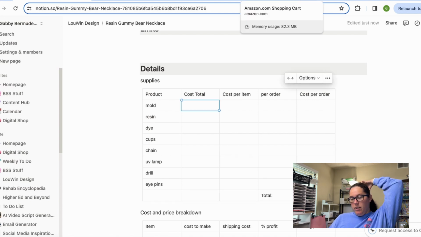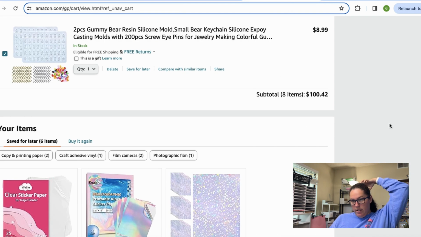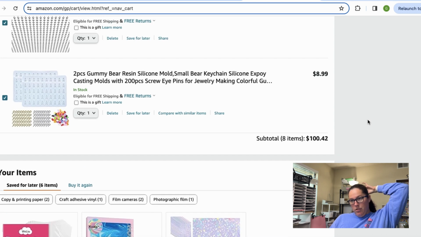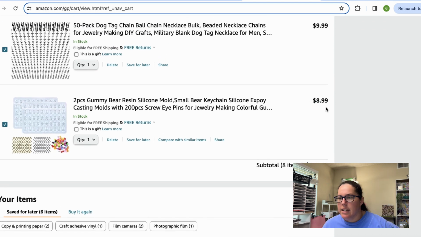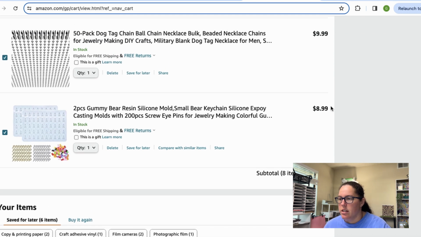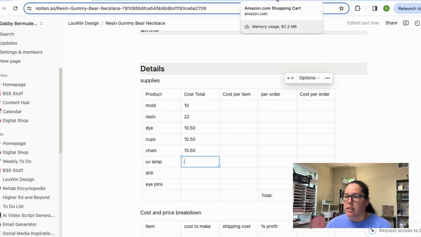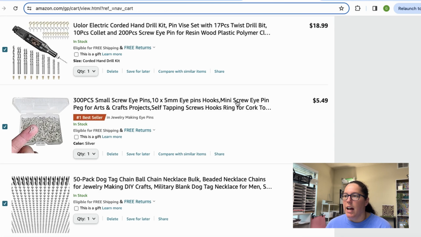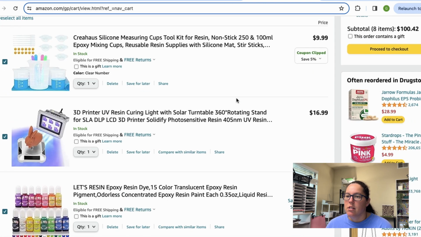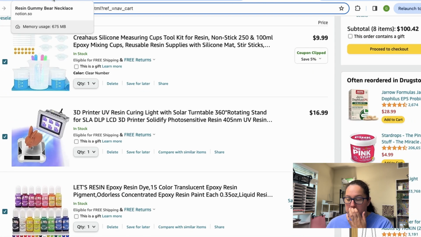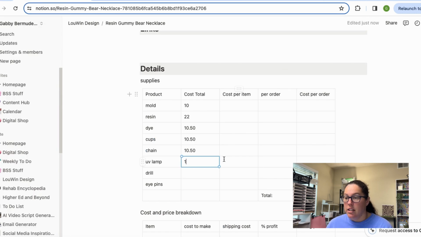And then we look at total cost. So the mold and resin. And then also take into account taxes. If you're wondering why I'm saying $10.50 and it says $9.99, I'm just adding in what I think tax would be. So it just gives me a realistic idea of how much it actually costs. UV lamp, $6.99, or $16.99, so like 18.